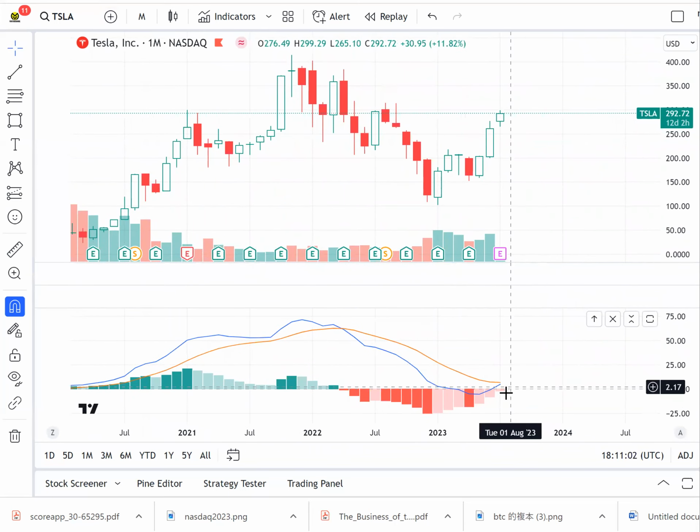So we are going to expect the green bar will happen. We have not closed this bar yet, but most likely the blue line will go across above this orange line, and the green bar will happen, either next month or this month.